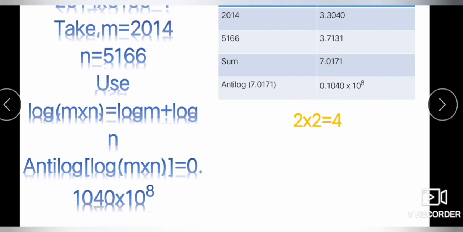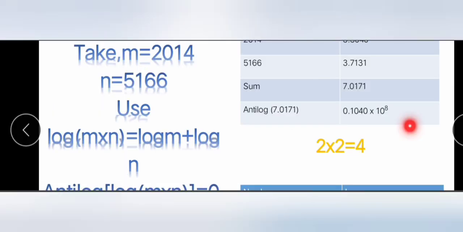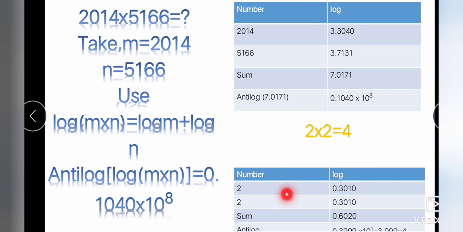You can try very easily. For practice of log table, 2 into 2 is equal to 4. Write both the numbers 2 and 2. See the log. Characteristics of this number is 0 and mantissa of 20.